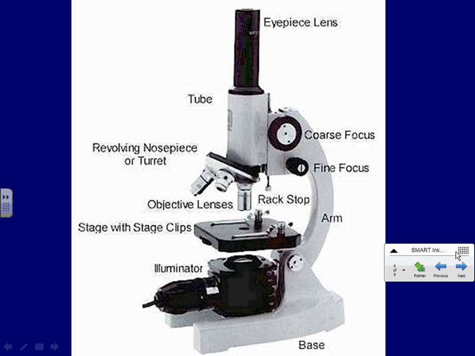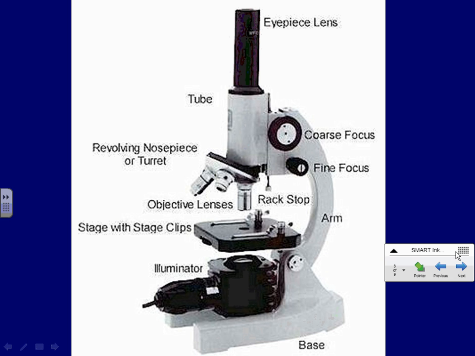And you'll notice the objective lens is connected to this piece, and it actually rotates around, all right? So I can rotate through these various things. So there are 3 objective lenses on a classic student microscope, and they have different magnifications. We'll talk about that in a moment.